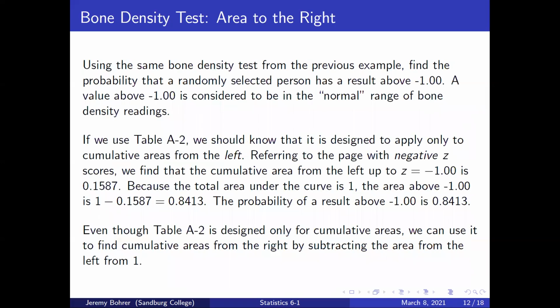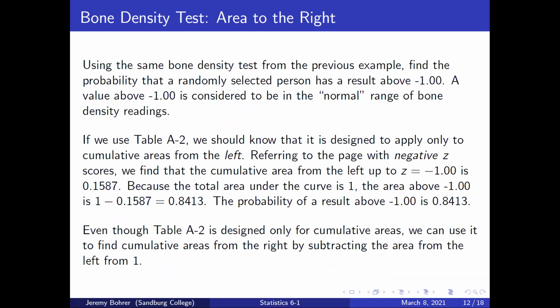Using the same bone density test from the previous example, find the probability that a randomly selected person has a result above -1. A value above -1 is considered to be in the normal range of bone density readings. If we use table A2, we should know that it is designed to apply only to cumulative areas from the left.